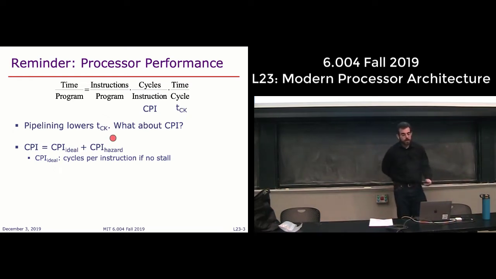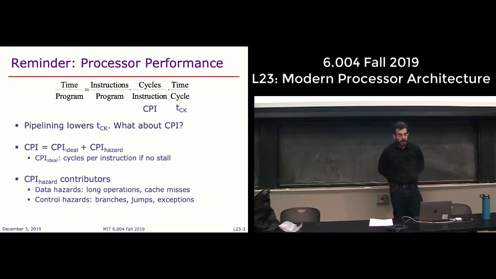But as we saw, the problem we have the moment we start introducing pipelining, and also many other techniques that we'll see today, is that we have stalls. You have stalls due to different kinds of hazards. Data hazards are dependencies through registers, so an instruction may need a register value that is produced by a previous instruction.